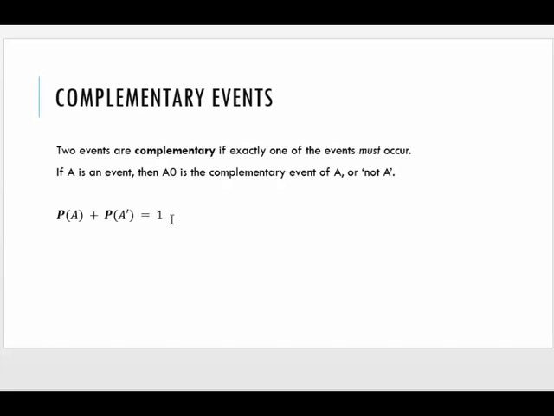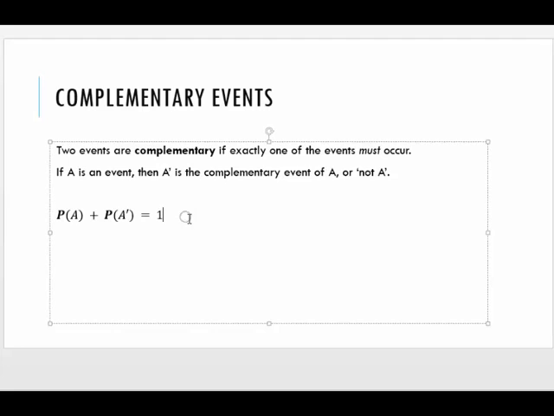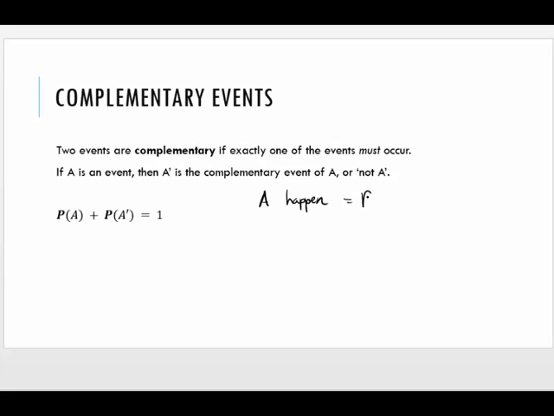So if A is the outcome, then we say A prime is the complement of the event A, or not A. So basically what it's saying is that for everything that we have A, there is also the not A. If I was to write it out in words, it would be: A happens, we have the probability of A, and A doesn't happen, that's the probability of A prime.